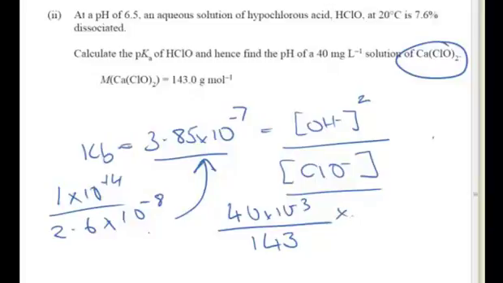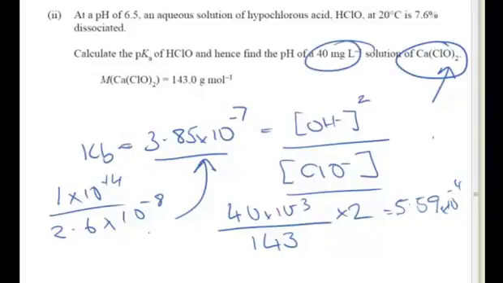But because there's a 2 here, we have to multiply it by 2, because when this dissolves it gives twice as many chlorate ions, and that will give us something in the region of 5.59 times 10 to the negative 4 moles, and we're assuming it's in 1 litre at the moment because it's grams per litre.